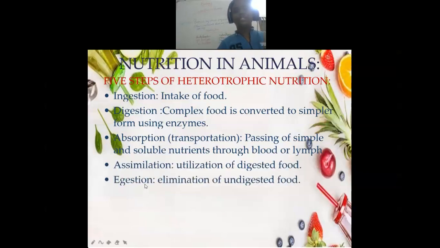Assimilation, the utilization of the food which is sent to each and every organ. And then egestion, which is elimination of the undigested food. Whatever waste comes out in the process of digestion, egestion is the process through which that waste material is thrown out from the body.